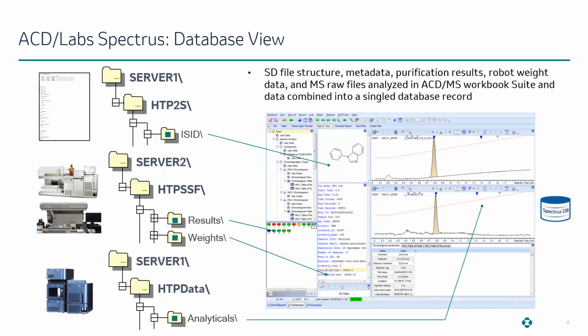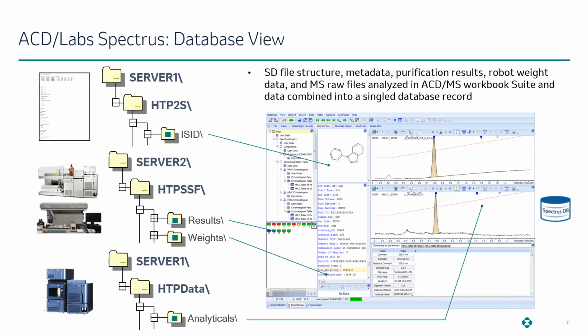Okay, so to be more specific, data from multiple instruments reside in different locations. And so with the locations defined, the purity analysis script imports the relevant files and data into a combined processed database file.